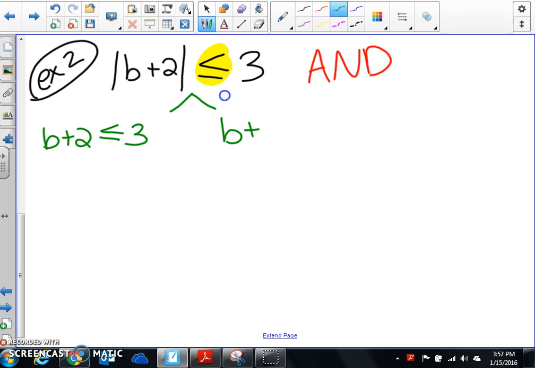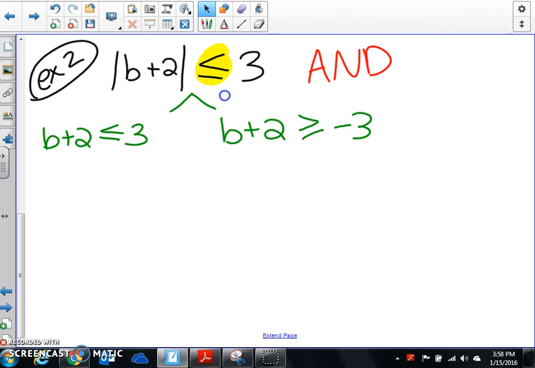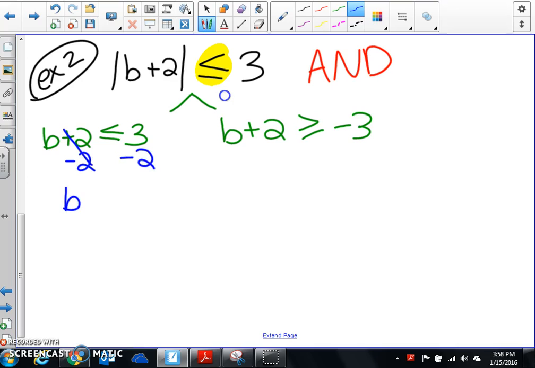And then b plus 2, I know this has to be negative 3, but if I'm going to make that a negative, I have to flip my inequality. Now I can solve each side. I subtract 2: b is less than or equal to 1. Over here I subtract 2: b is greater than or equal to negative 5.